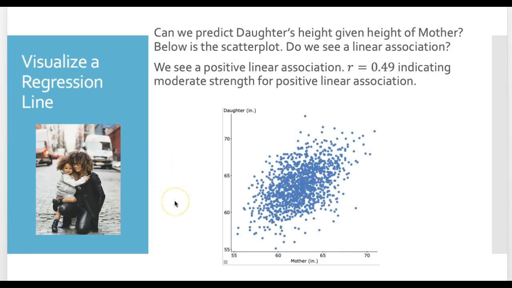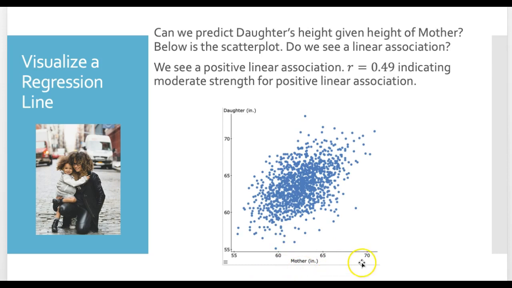In this data set, we predict the daughter's height given the height of the mother. Below we have a scatter plot. The x-axis is the height of the mother, and the y-axis is the height of the daughter, both in inches. Remember, what goes on the x-axis is the explanatory or predictor variable.